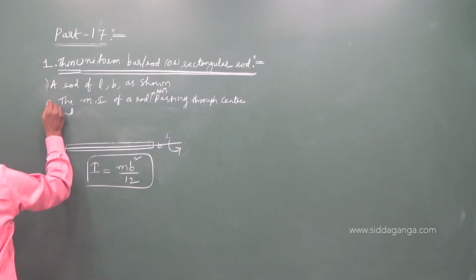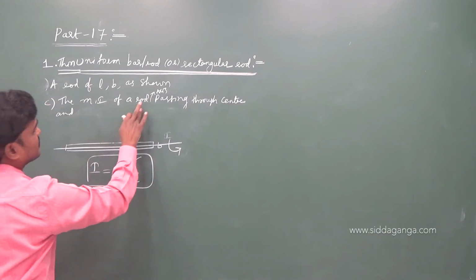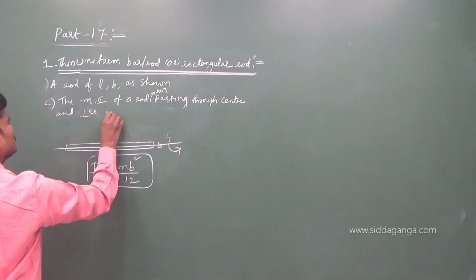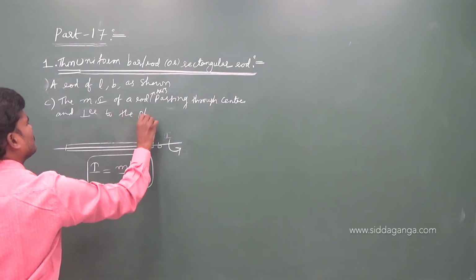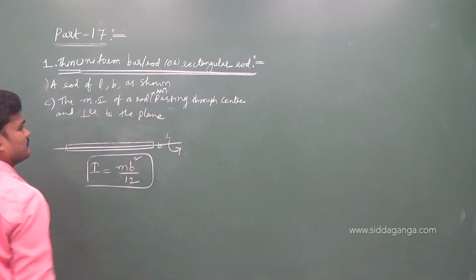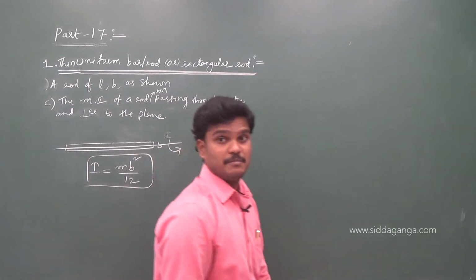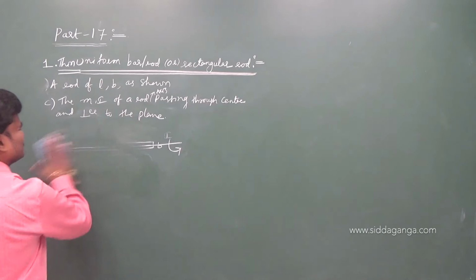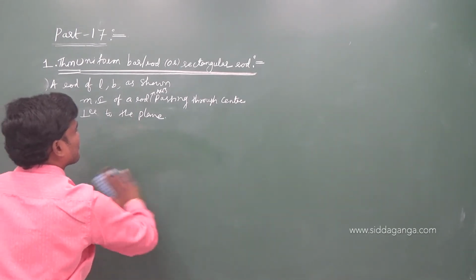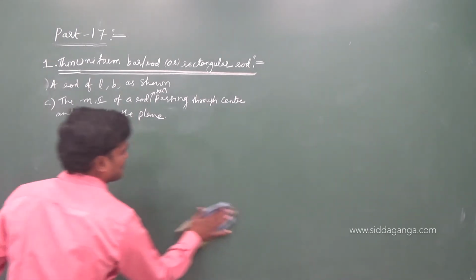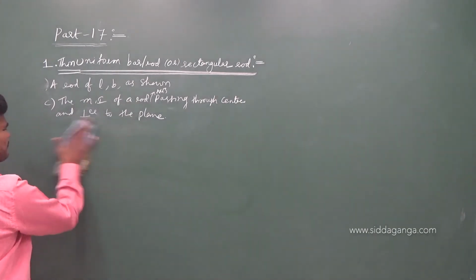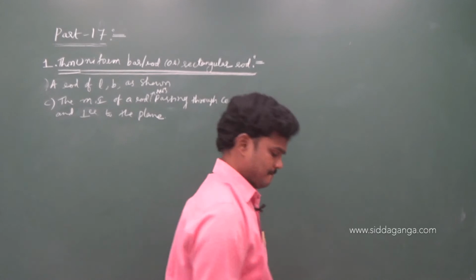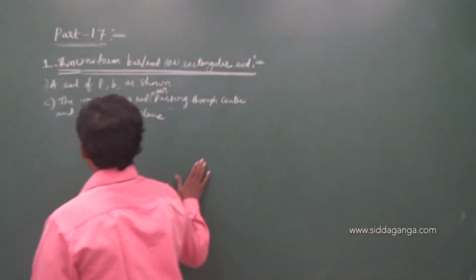The moment of inertia of a rod, axis passing through center and perpendicular to the plane. Perpendicular to the plane. Tell me how to get this one.